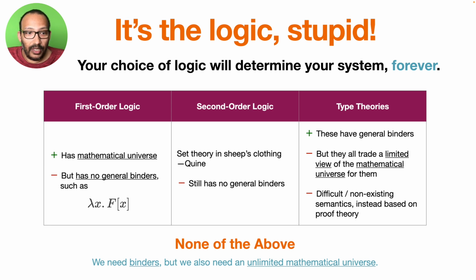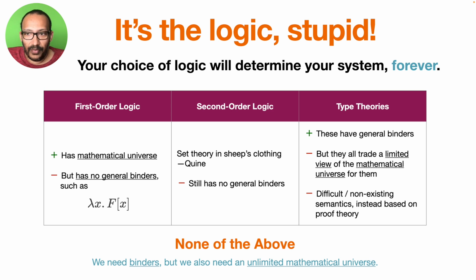The only constructs it has for general binding are universal quantification and existential quantification. Second order logic is not much better in that respect. According to Quine, it's really just a set theory in sheep's clothing, and it still has no general constructs for new binders.